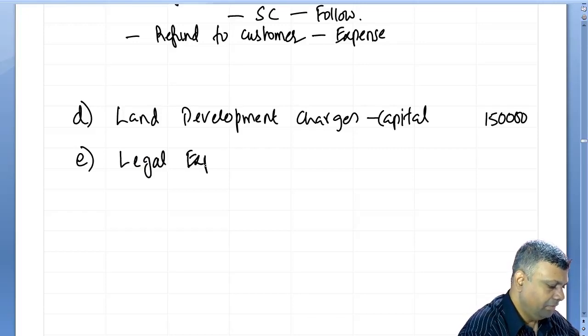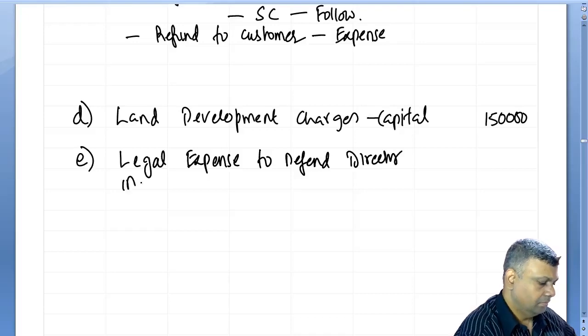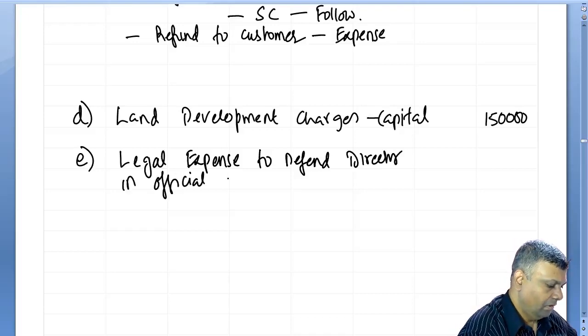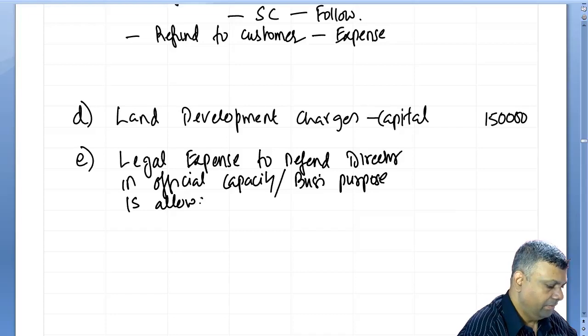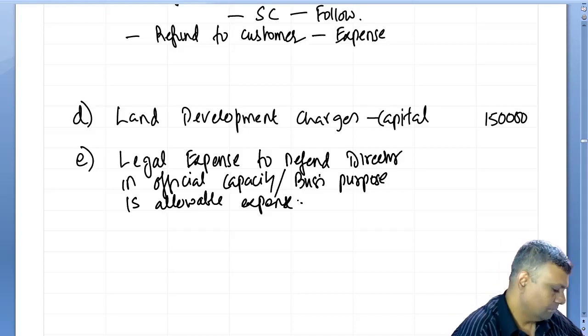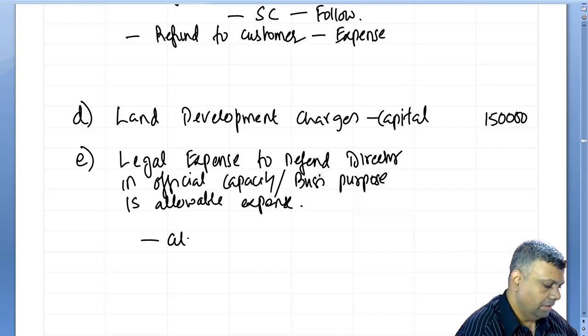So, take down the answer, point number E. Legal expense to defend the director in the official capacity, business purpose, is an allowable expense. It is already debited.